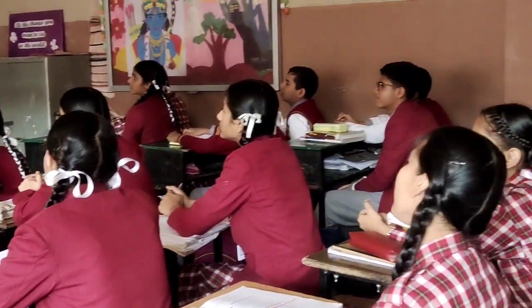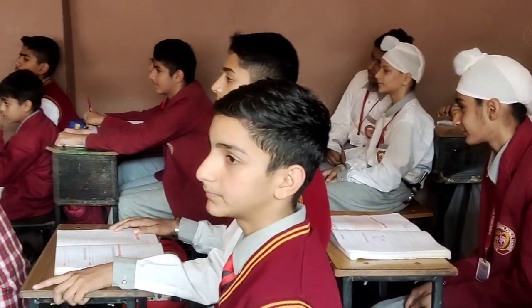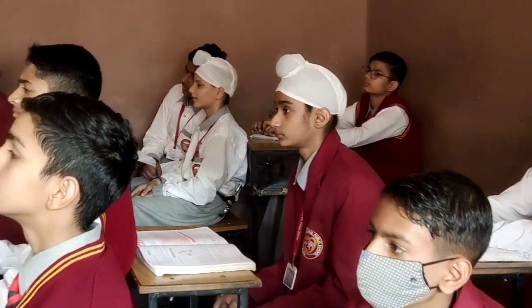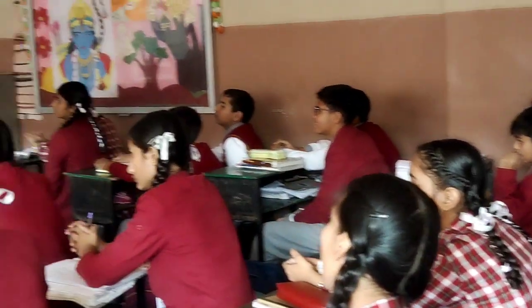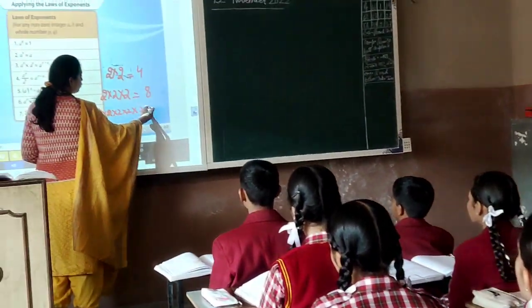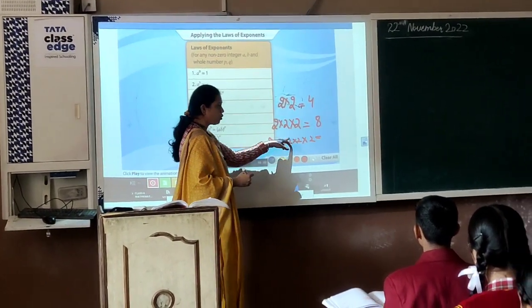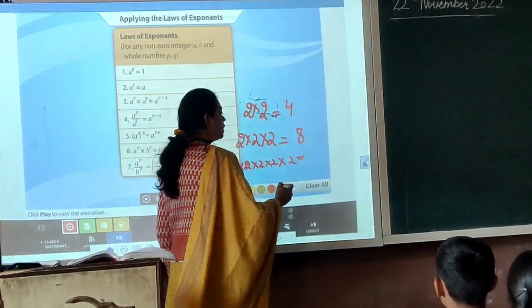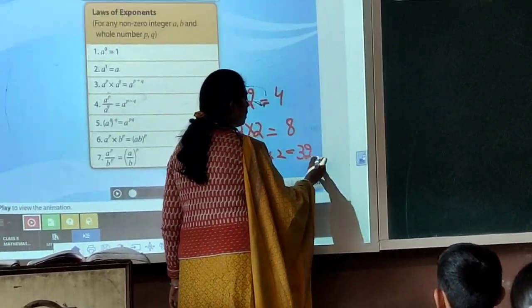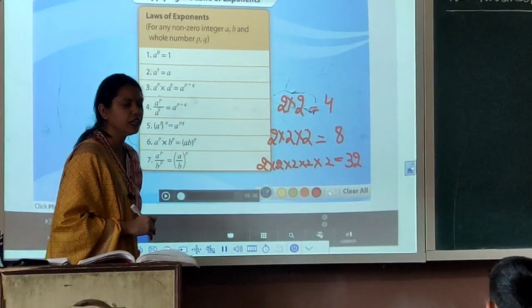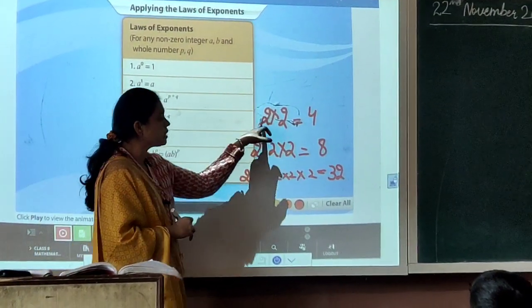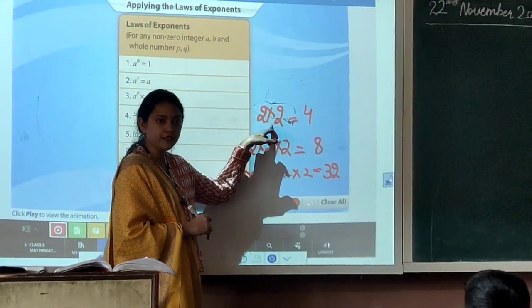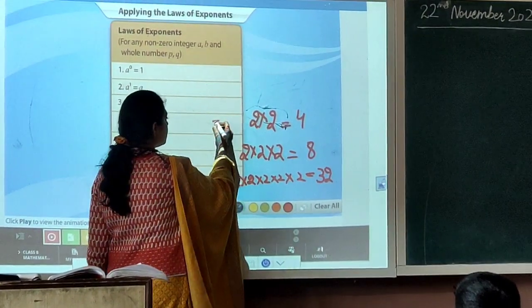Similarly, if you multiply 2 five times, 2 to 4, 4 to 8, 8 to 16, 16 to 32. So we will have 32. Now what we have seen is that the same number is multiplying itself.